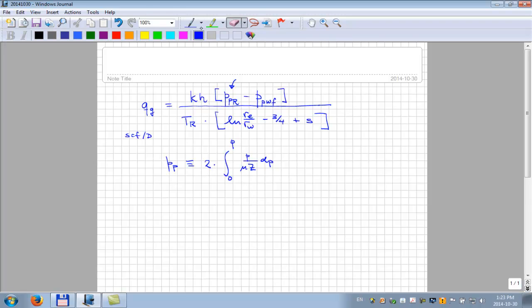And this is for what we call pseudo-steady state flow, with an outer boundary that has no flow outer boundary.